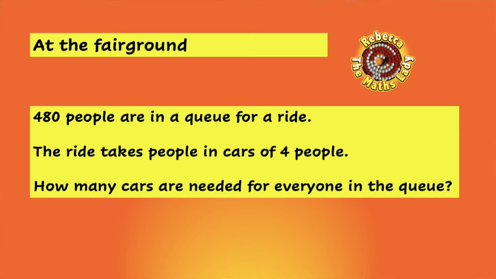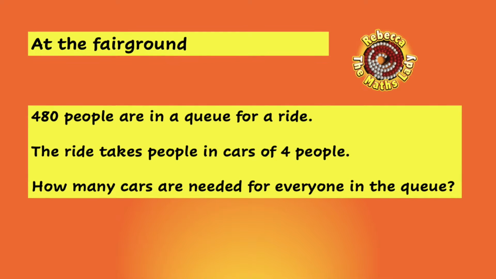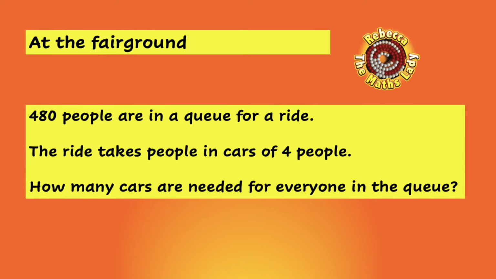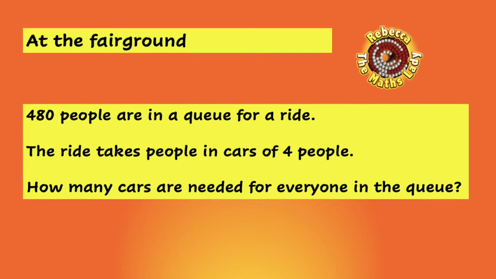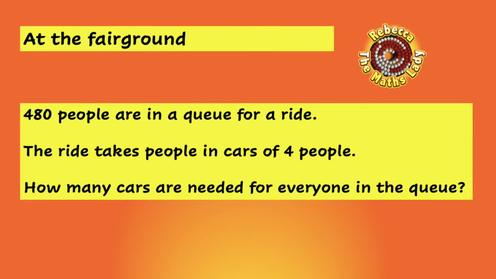Here's your first one. 480 people are in a queue for a ride. The ride takes people in cars of 4 people. How many cars are needed for everyone in the queue? What's the answer to that question and how did you solve it? Well, this is definitely a counting groups question.